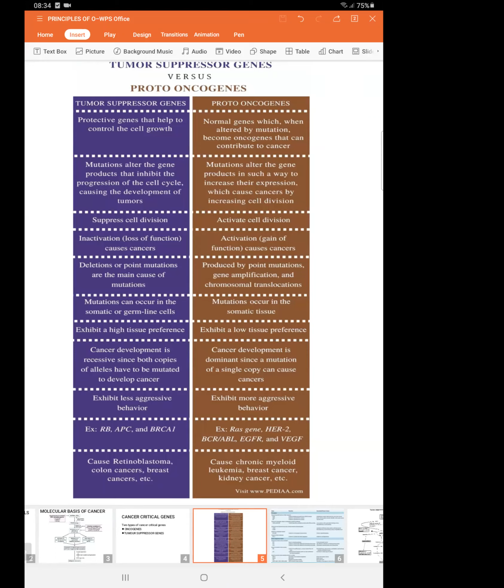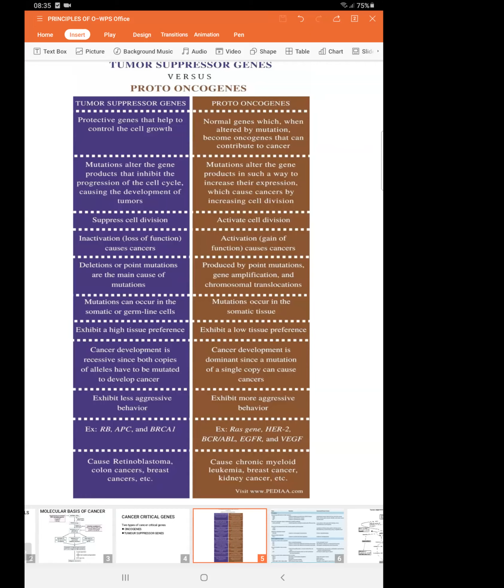While the proto-oncogenes are the normal genes which have various functions in the cells, after mutation they become oncogenes, and they contribute through various pathways to cancer. Mutations alter the gene products which are produced, and they lead to increased expression in the cancer cells, which I'll be discussing later.